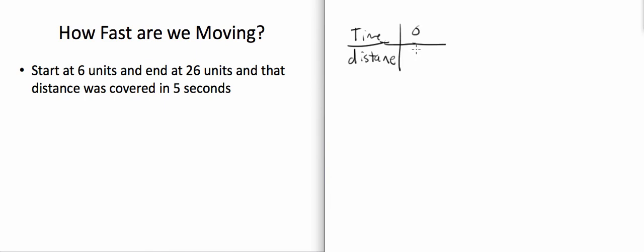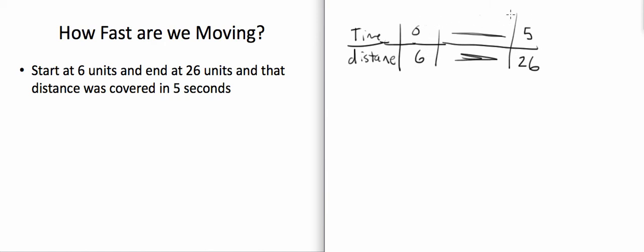We start at 0 with a distance of 6, and then they say, we don't know what's in between here, but we know that in 5 seconds we were at 26 units. They want to know how fast we were moving. They're going to say, assume that everything is in a linear relationship, that everything is constant. You didn't speed up and slow down.